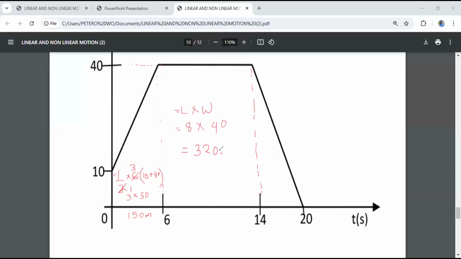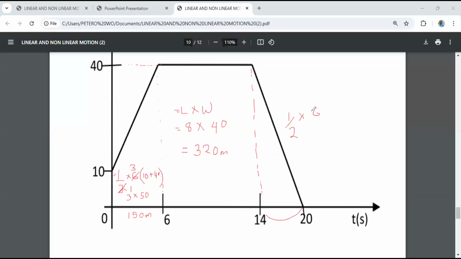And that is in meters. Then for the triangle, we are having a half times the base. The base is between 14 and 20.